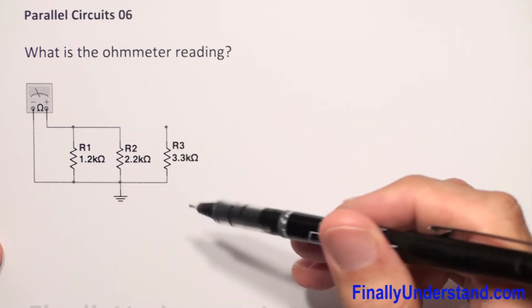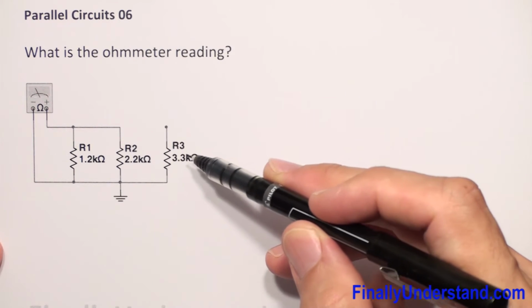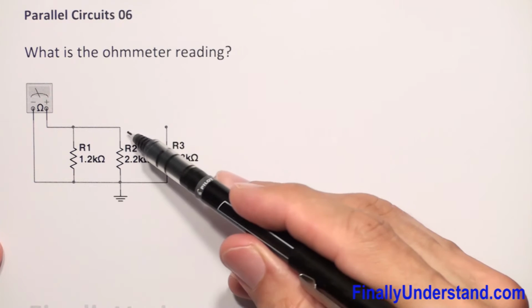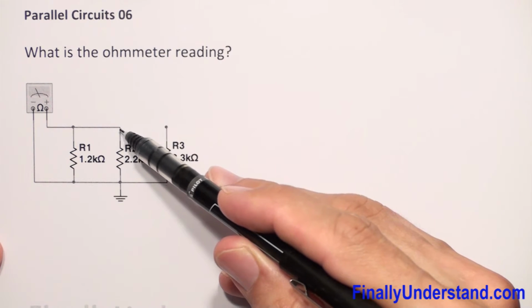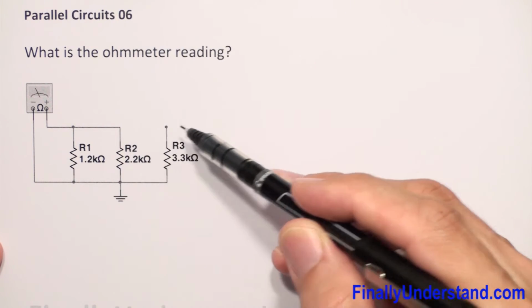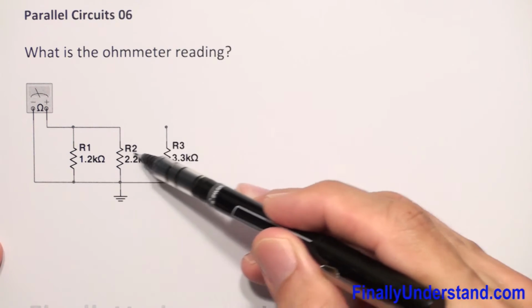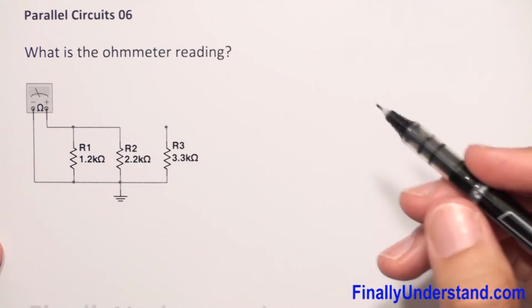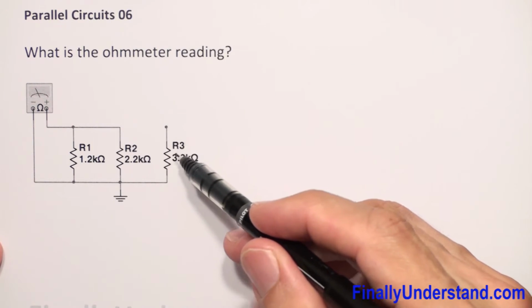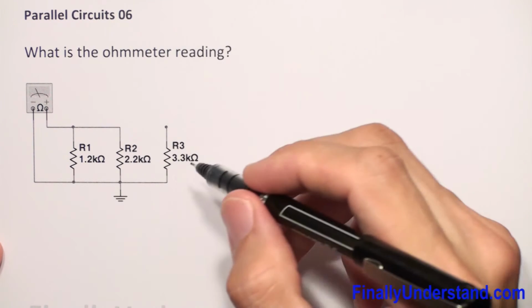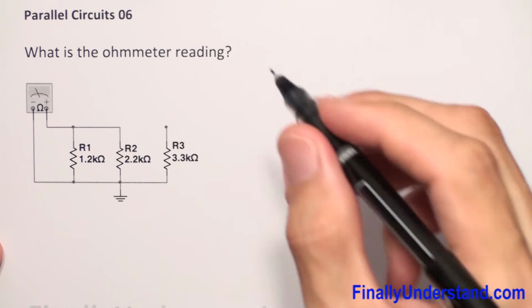In order to consider this resistance, we have to make a connection from this point to this point. But at this moment, these 2 resistors are not connected together. That's why I'm not going to consider R3. R3 is simply disconnected from the circuit.